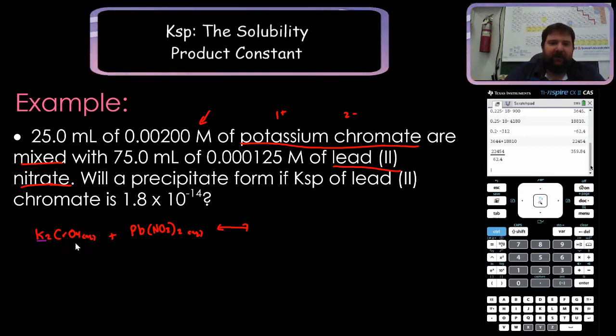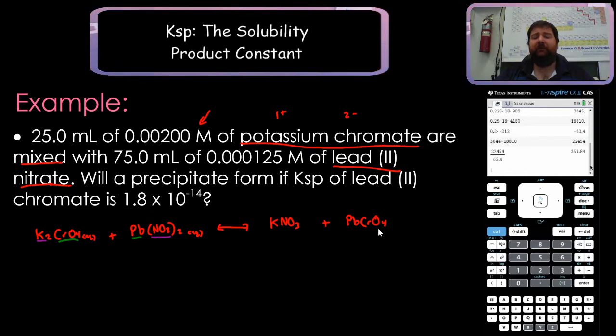I know that these two things are going to mix to form one of the compounds, and these two things are going to mix to form the other compound. Double displacement. So I'm going to have KNO3, K plus and NO3 minus. I don't know what state that is. And then I'm going to have Pb and CrO4, with 2 plus and 2 minus, so this is just going to be PbCrO4.